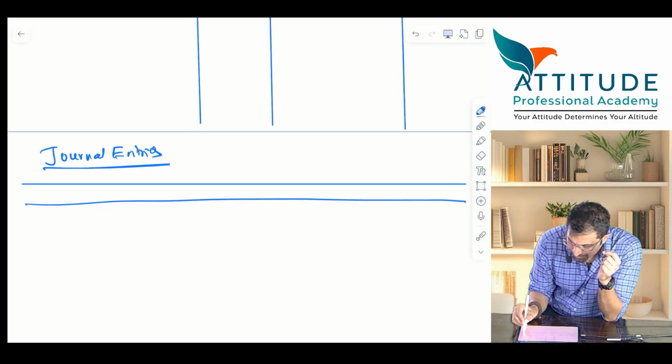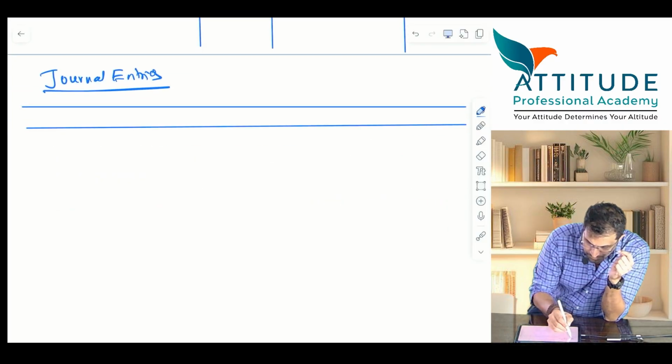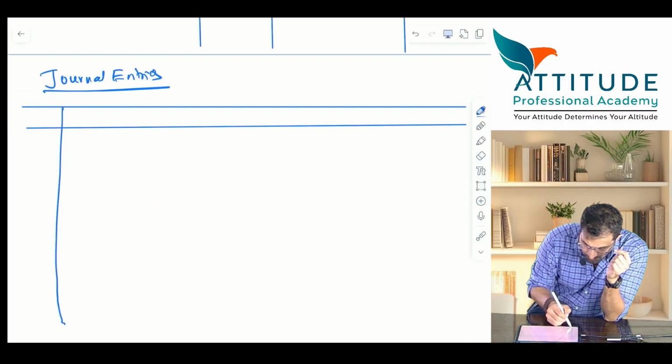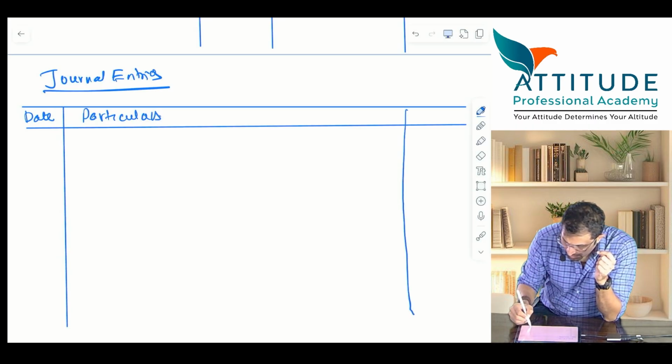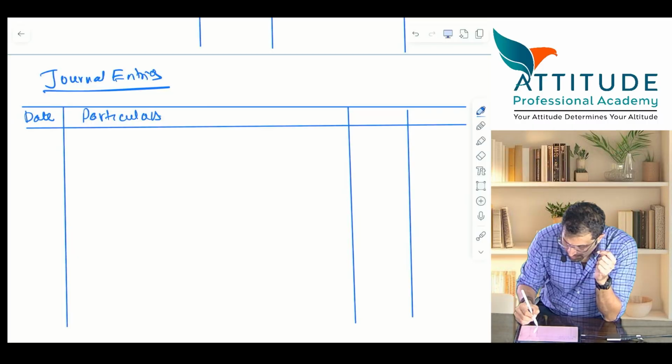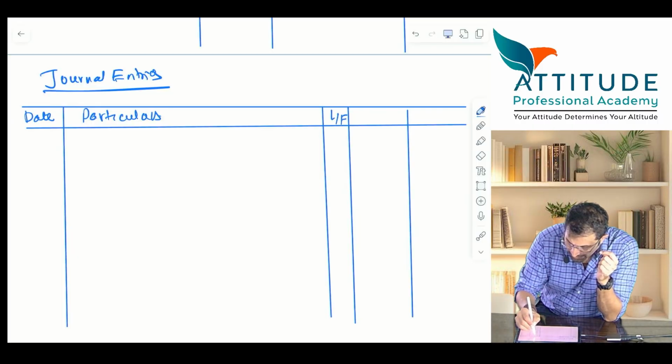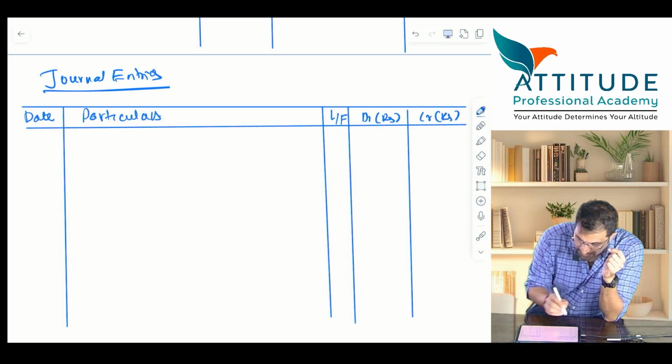Date. Particulars. LF, debit rupees, credit rupees, correct?